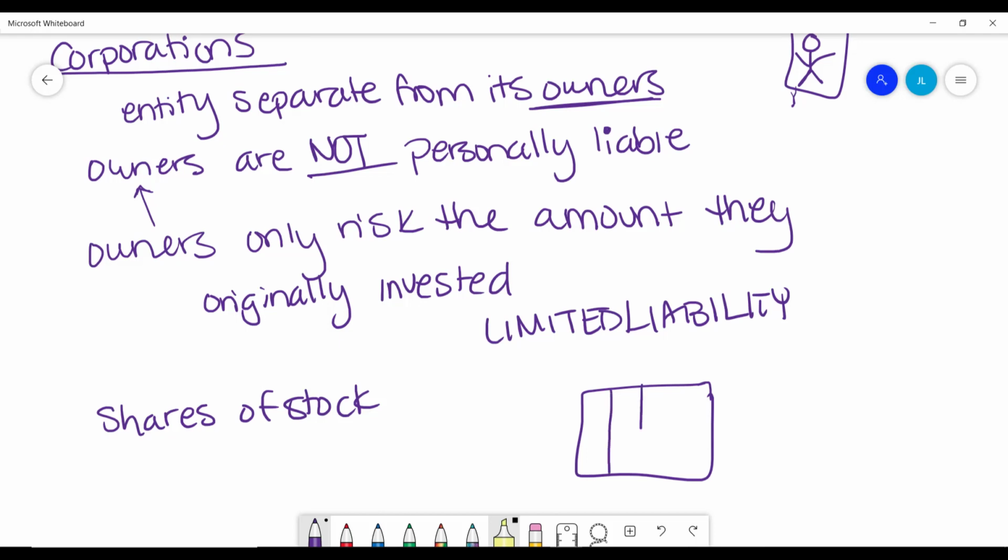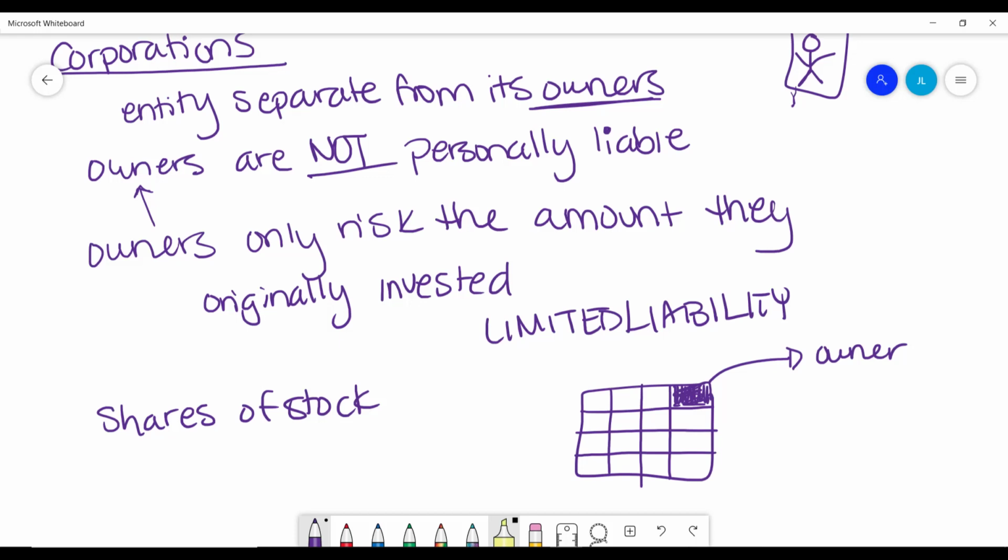If you decide to buy one stock of a corporate business, then you become an owner, whether it's one share or 1,000 shares. Just owning one share or even a fractional share makes you an owner in that business. So owners of corporations are referred to as stockholders or shareholders.